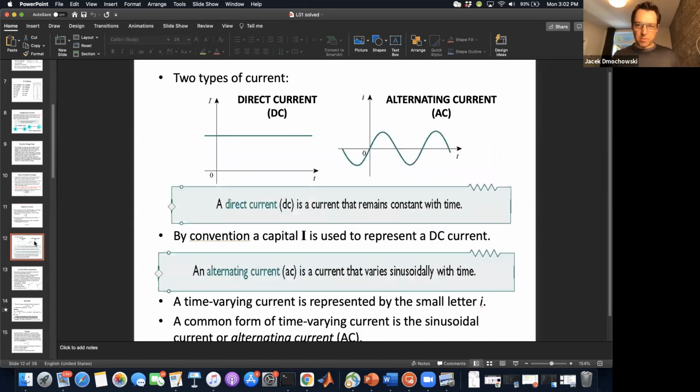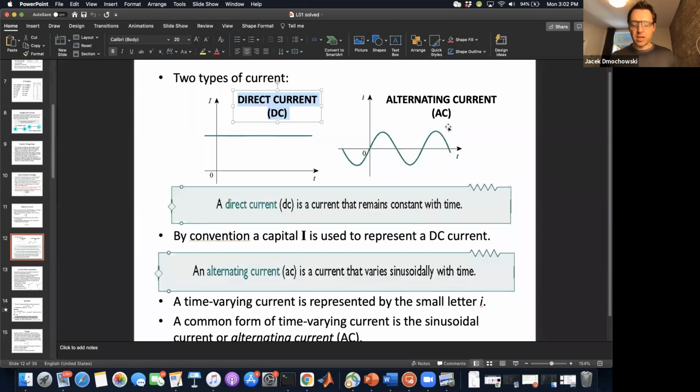Okay, this is an important slide in the sense that it presents definitions that are used throughout the course to delineate the course material. In fact, we have direct current, which is really another word for saying everything is constant. So every quantity in a DC circuit is static across time.